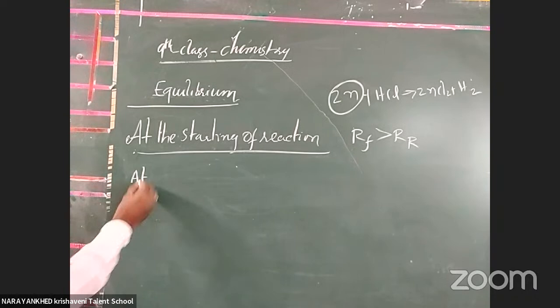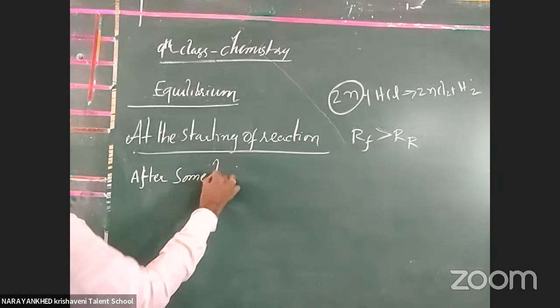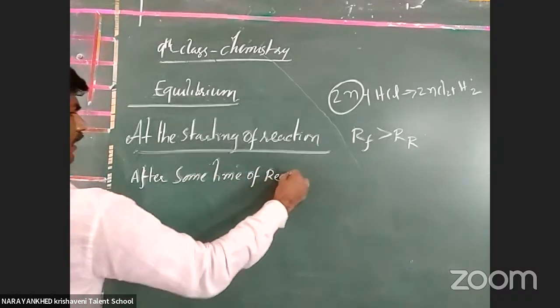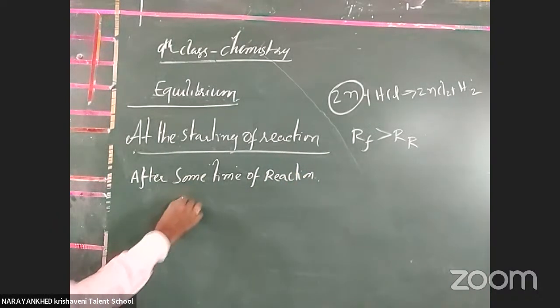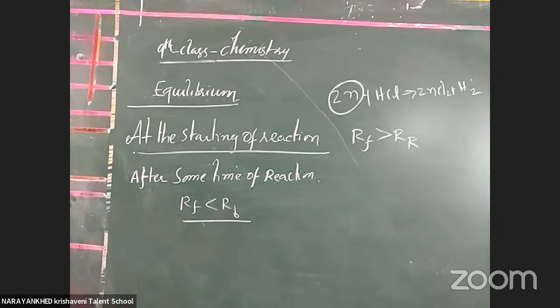After some time of reaction, what happened? You know very well, RF is less than RB. Okay, clear or not? RF is less than RB. Here, what is RF and what is RB? After some time, the reactant gets converted into products.